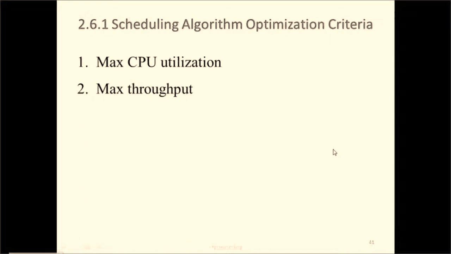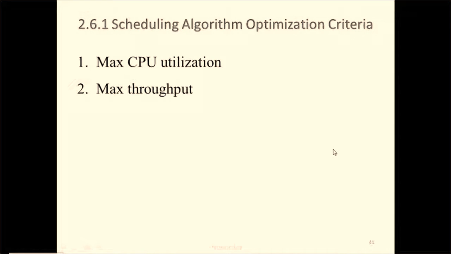Scheduling algorithm optimization criteria. Different criteria. Max CPU utilization. The algorithm will be better if it increases the CPU utilization. Max possible is 100%. Number 2, max throughput.